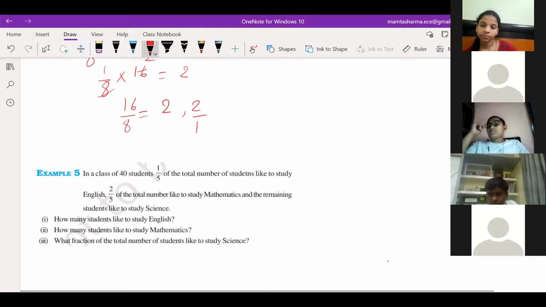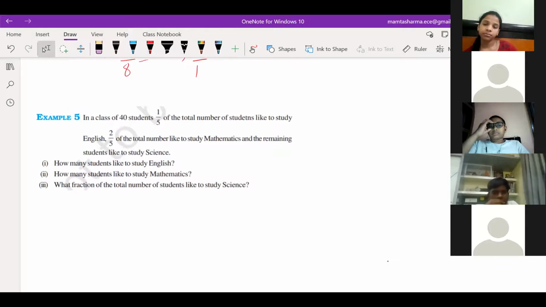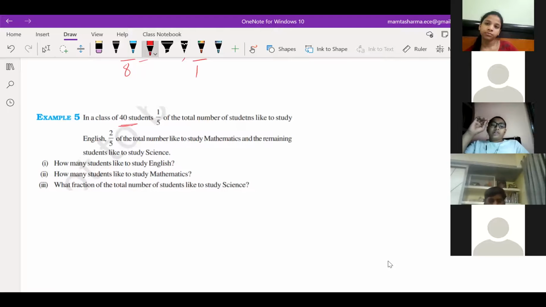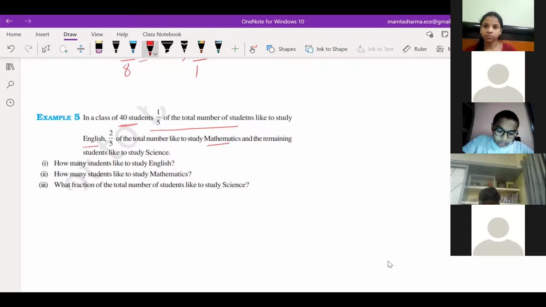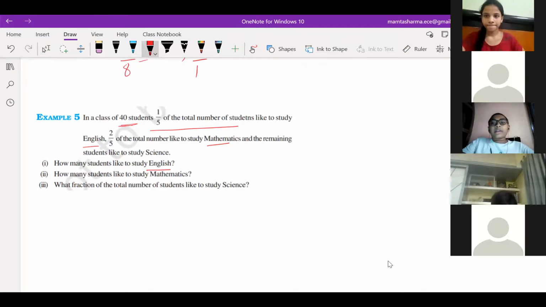Now see, next question. In a class of 40 students, 1/5 of the total students like English, 2/5 of the total students like mathematics, and the remaining like to study science. So how many students like English? 1 by 5 English, 2 by 5 mathematics.